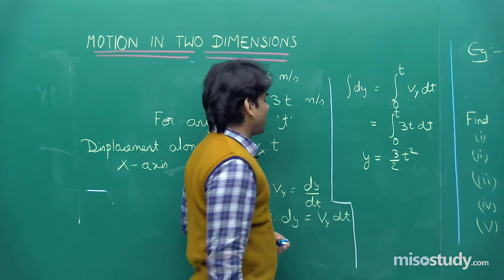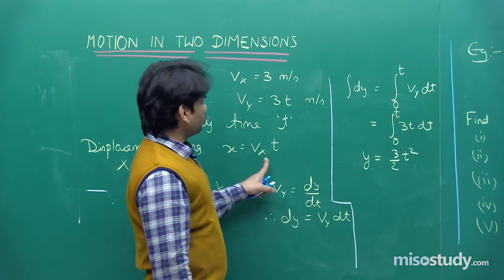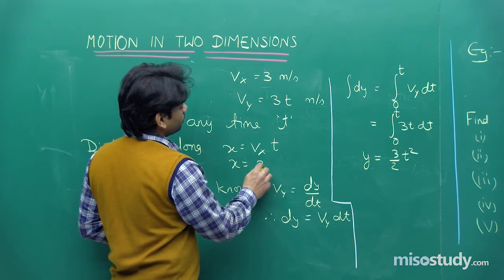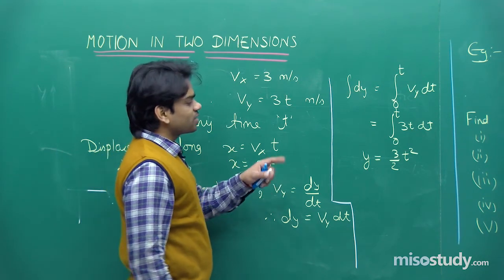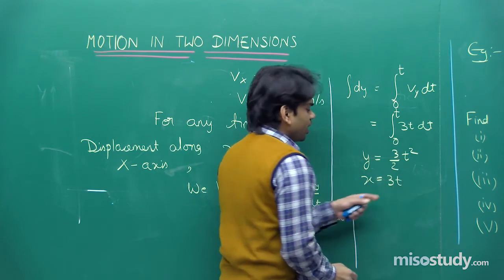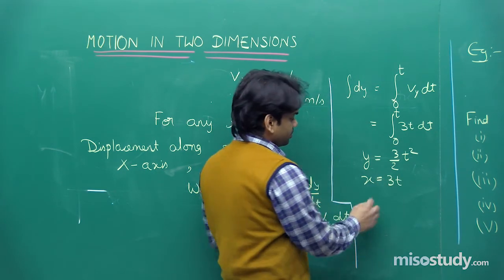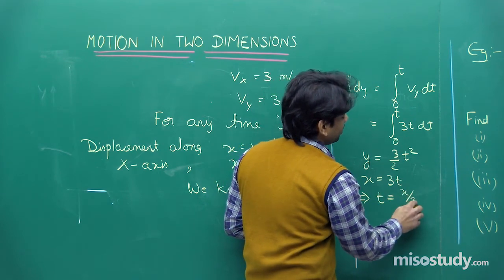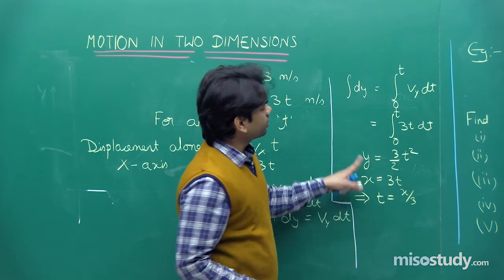So this is the value of y and this is the value of x. x equal to vx into t we got. You substitute vx as 3, you will get x equal to 3 into t. We got x, we got y. Now here you can see t can be written as x by 3. Substitute the value of t from this equation into this equation.